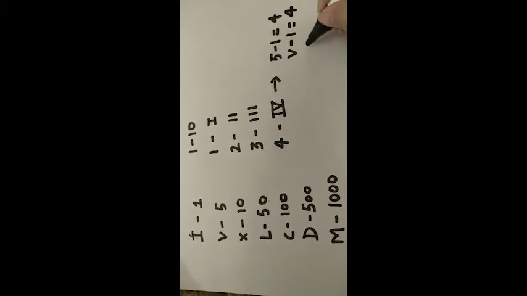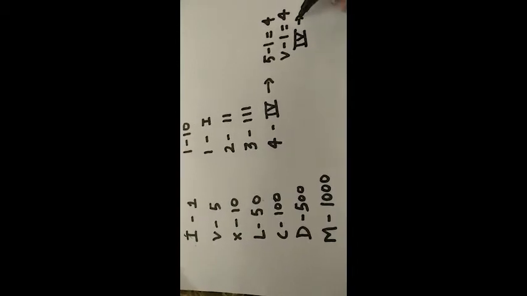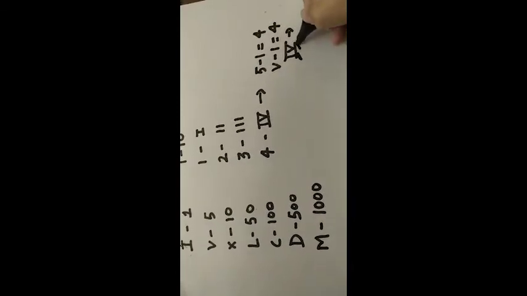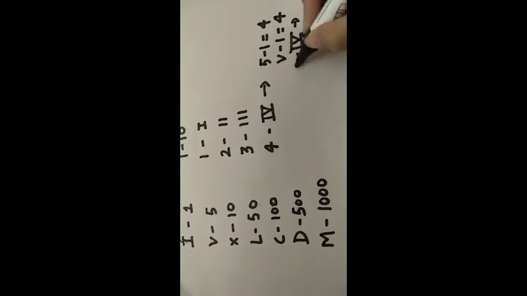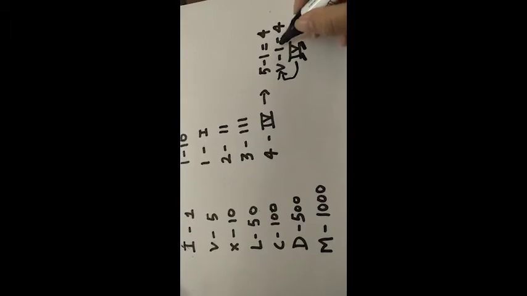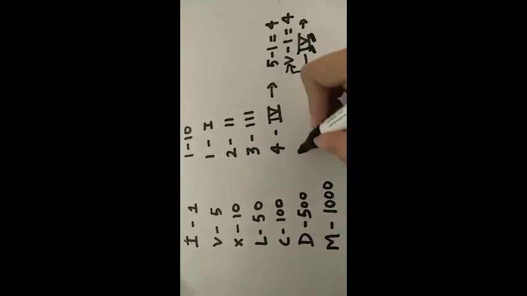And 4 is written like this. It means if a smaller number comes before the larger number, then you have to subtract the smaller number from the larger number, which we did. So we have to write 4 like this.